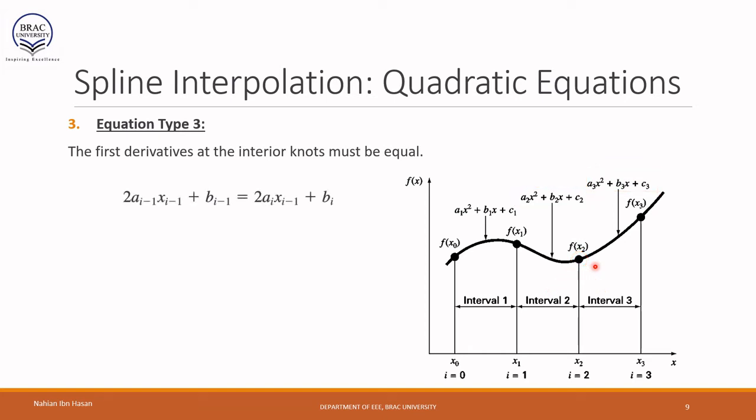So at each internal data point we are going to find one equation that denotes the equality of the two derivatives at the two intervals. Since I have n plus 1 data points, I would have n minus 1 internal data points, and that means I would get n minus 1 conditions or equations.